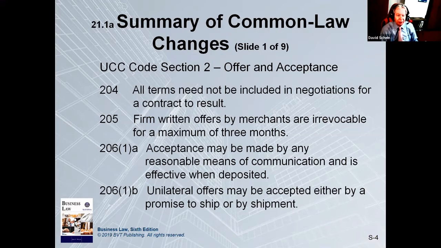So again, comparing it with common law. In common law, we want a comprehensive contract. The Uniform Commercial Code says most of the terms are there and we can kind of figure the deal out. It's okay. Now, I want to underscore here right up front, this doesn't mean it's really okay. It just means you can have an enforceable contract for goods under the UCC that does not meet the common law standard for contracts.